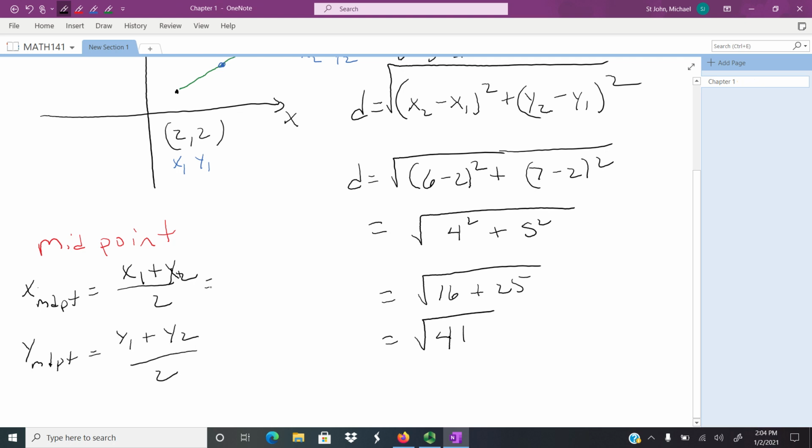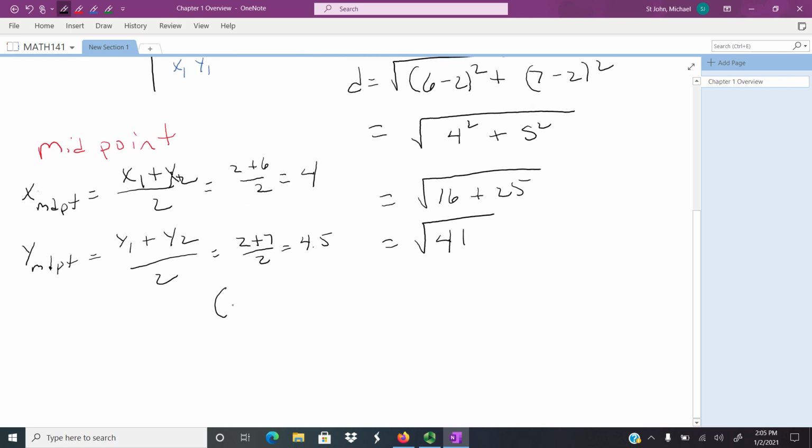In terms of my example, this is going to be 2 plus 6 over 2, which will be 4. And this will be 2 plus 7 over 2, which will give me 4.5. And so the coordinates of my midpoint are 4, 4.5. So we have our distance formula and we have our midpoint formula.